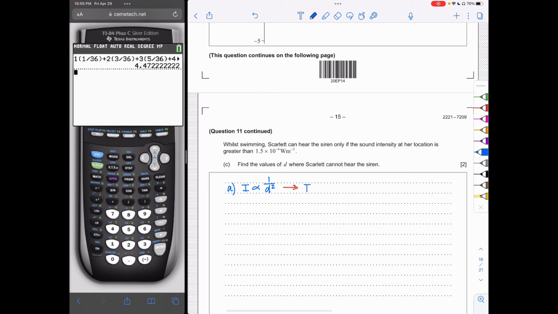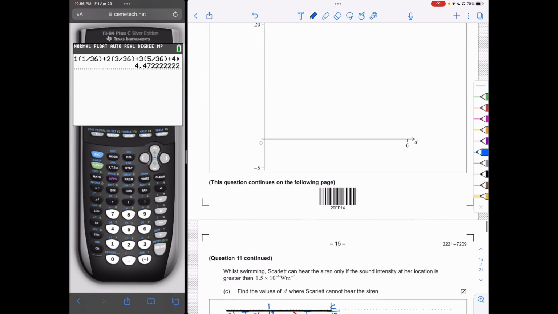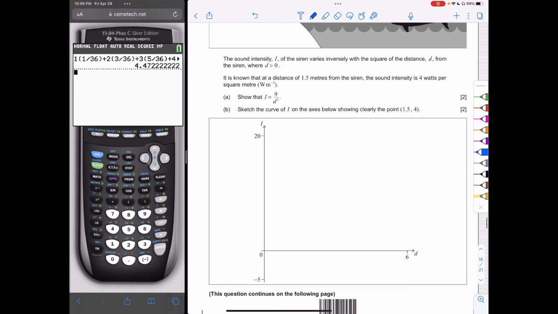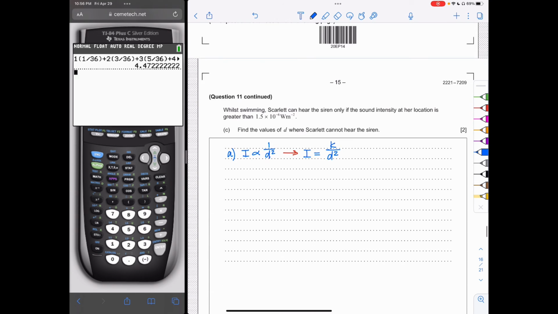My equation will be I is equal to K divided by d squared. Now from this problem, they have already said that there is a distance of 1.5 meters and the sound intensity is 4 watts per square meter. So I'm going to substitute those values in. I'm going to have 4 is equal to K divided by 1.5 squared, and I'm going to multiply both sides by 1.5 squared.